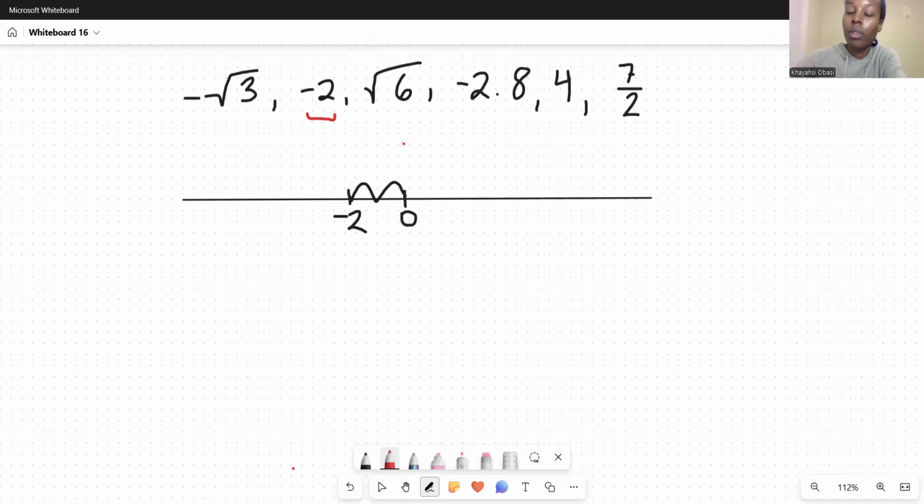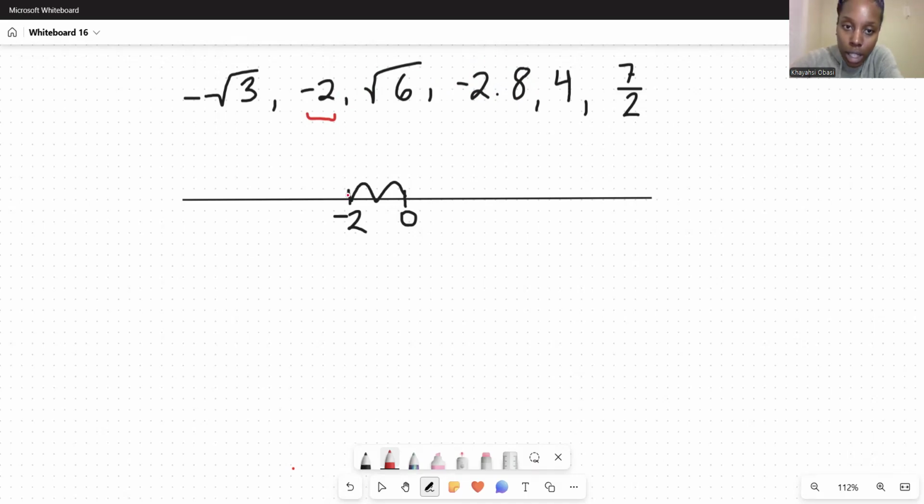And which one is greater, 2 or 2.8? That's right. 2.8 is greater than 2 because 2.8 is 2 plus 0.8. So if 2.8 is greater than 2 and then multiplied by -1, it's going to become less than -2.